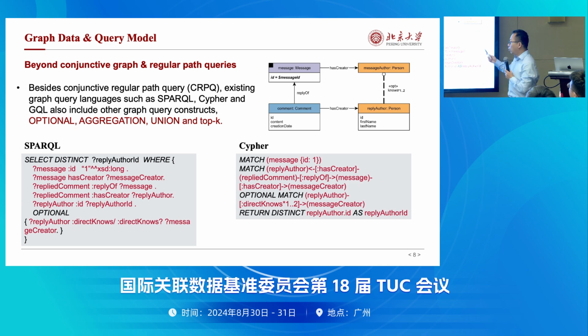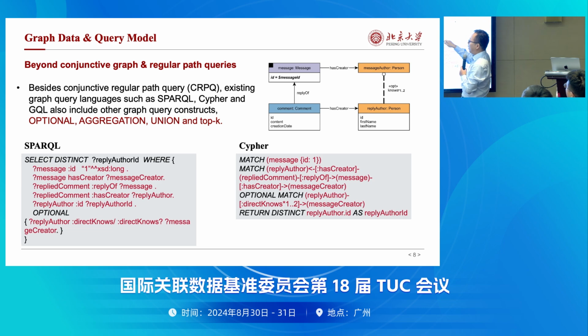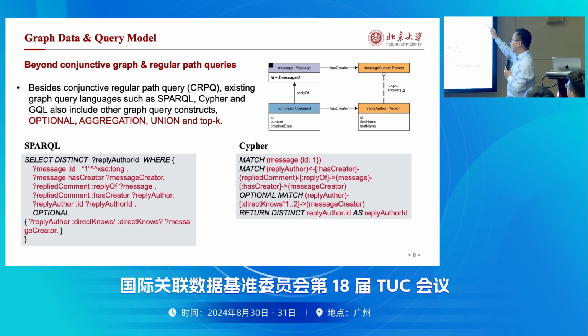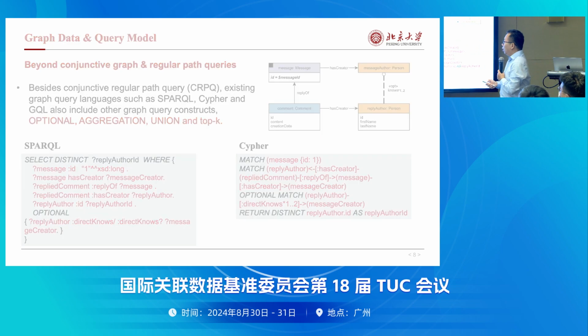This is an example showing the optional query. That means we find this age as an optional age. We write down two different query statements, one for SPARQL and one for Cypher, but they have the same meaning. This is the query graph here.